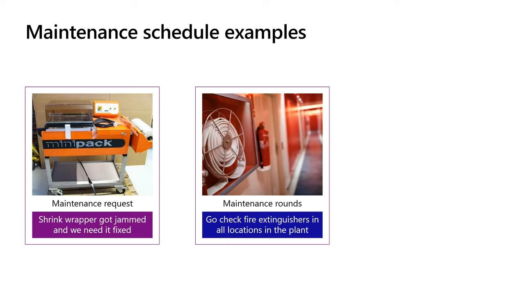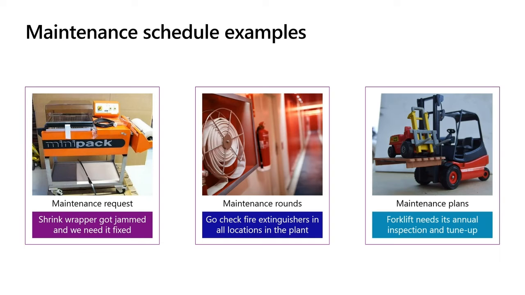So again, maintenance rounds are activities that are repeated on a regular basis for the same kind of asset. And a maintenance plan would be used in the case where we have a forklift which needs to have an inspection driven on an annual basis to have its servicing and tune-up executed.